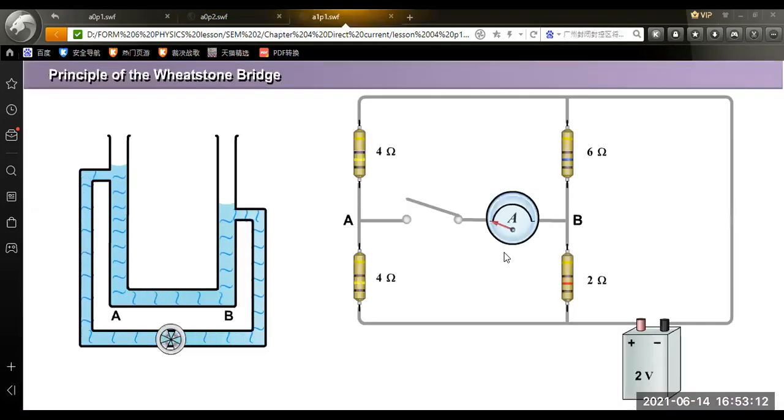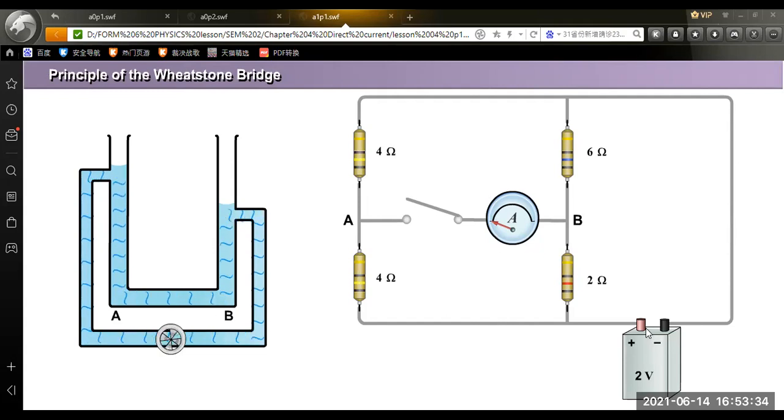Ladies and gentlemen, the slide shows 4 resistors, of which 2 are connected in series. 4 ohm is connected in series with 4 ohm. 6 ohm and 2 ohm resistors are connected in series.